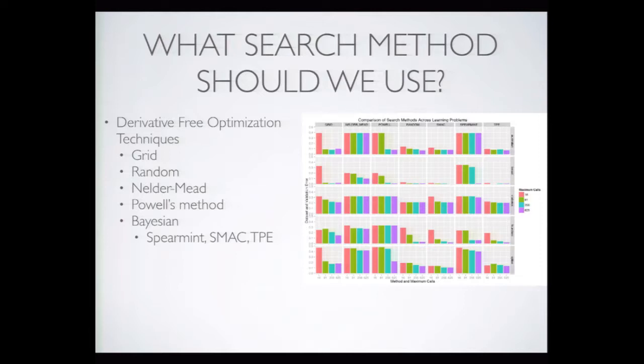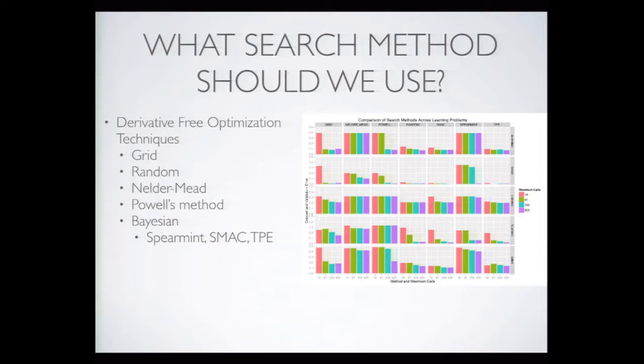But you can think of grid search and random search as versions of derivative-free optimization techniques. Basically, you're trying to find a minimum over some function that you don't know anything about the curvature of. I don't know what the derivative between decision tree and SVM is, for example. So all I can do is sample the function. I can get grid points, and now I want to converge to a global minimum very quickly.